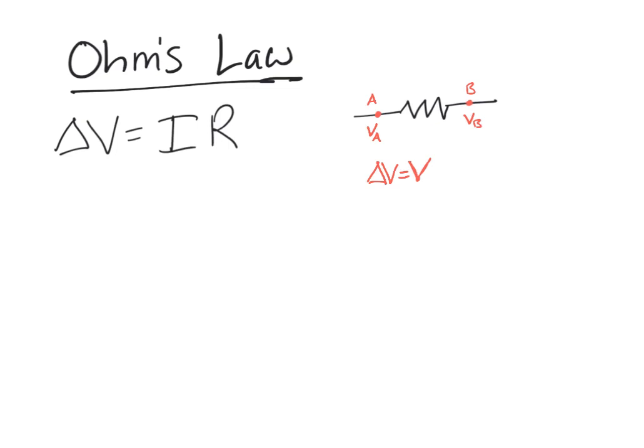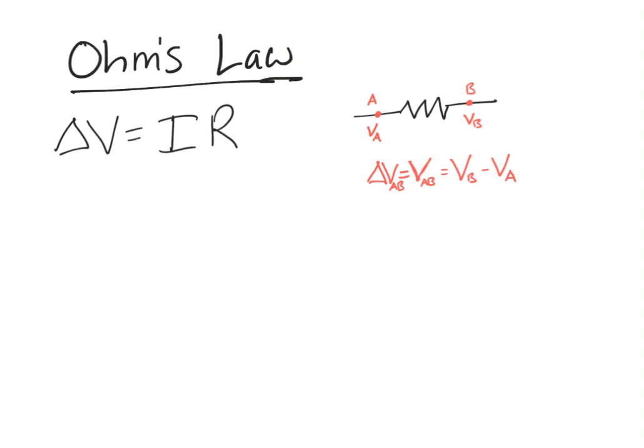This change in electric potential from A to B is equal to the potential at B minus the potential at A. Again, a delta sign is a change. Changes, we always do final minus initial. So if I want the electric potential from A to B, I subtract VA from VB, because I'm going from VA to VB.